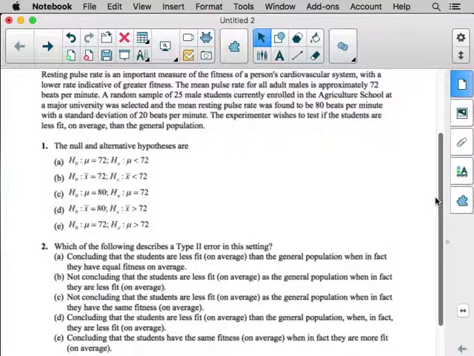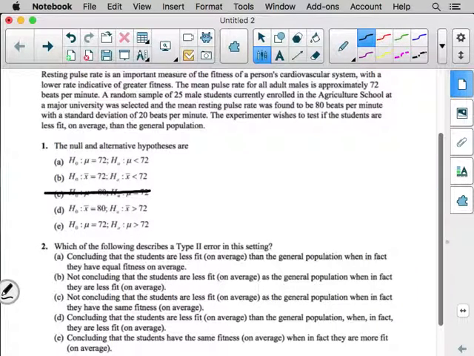Your hypotheses should always be geared towards a population, not your specific sample, all right? So right off the bat, I can rule out any of these that use the x bar, okay? Because you're looking for something using mu, not x bar.